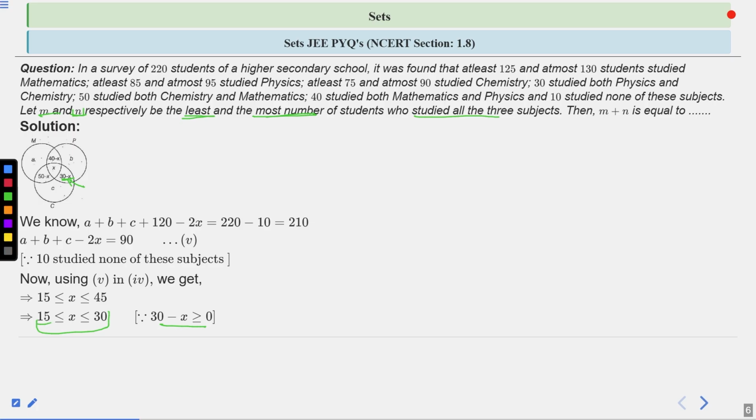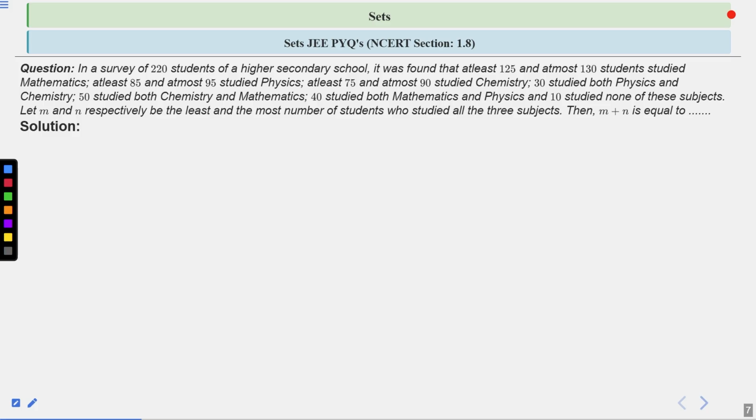Very simple, 15, and maximum 30. So you are getting m as 15, n as 30. Hence, m plus n will be just 45. I hope the solution is clear to you all.